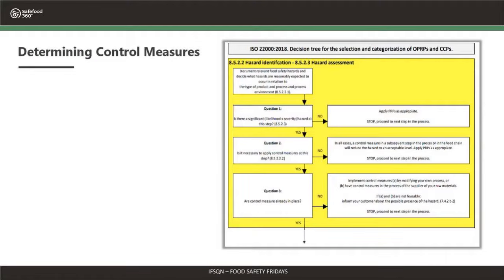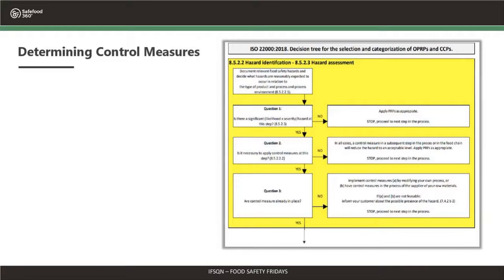So hazard assessment. The first question is, is there a significant hazard at this step? If we say no, then we should apply PRPs, because if it's not significant, then we can just manage with PRPs. If we say yes, we move on to question 2. Is it necessary to apply control measures at this step?